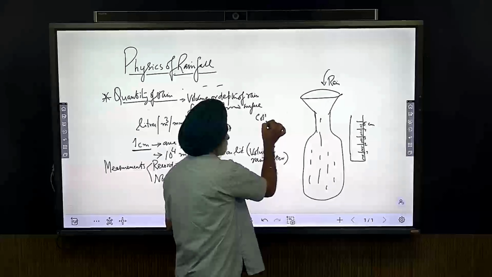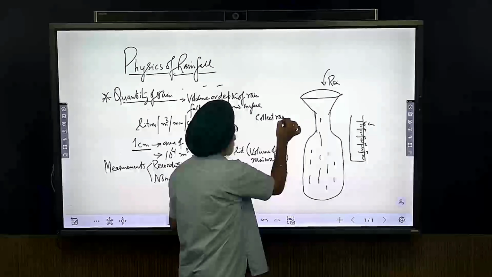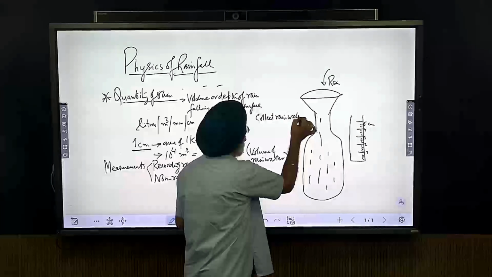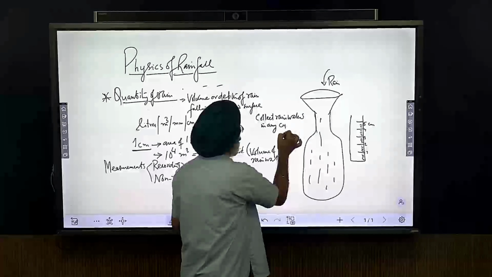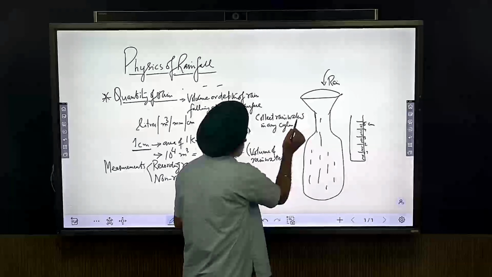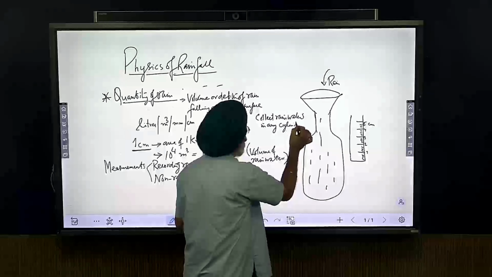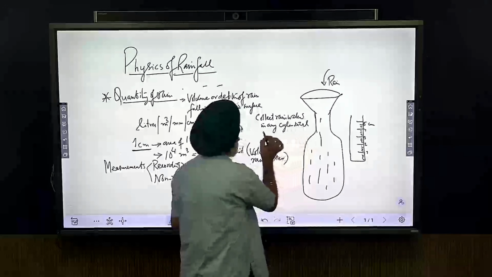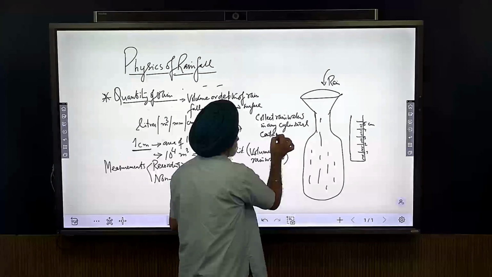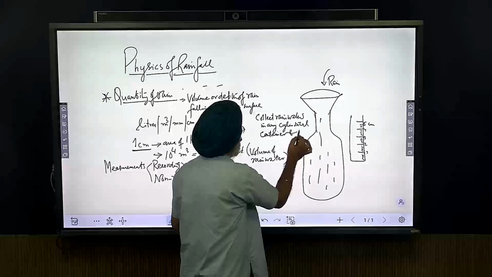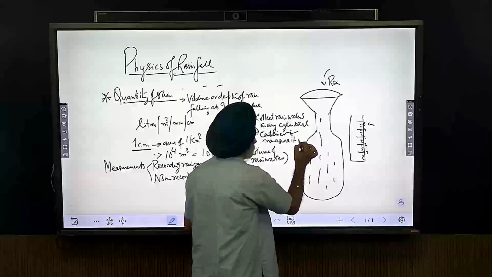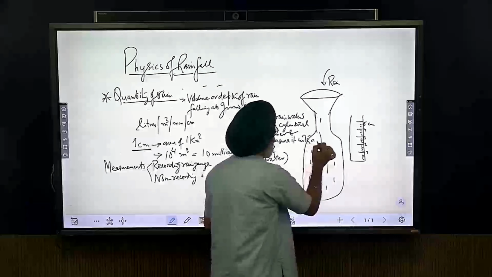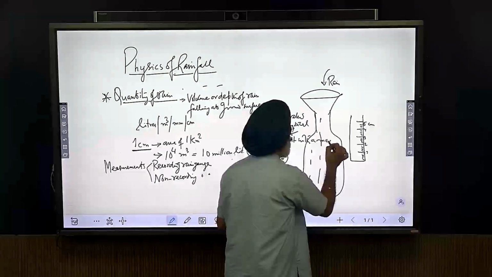Collect the rainwater in any cylindrical container or in any container. Why cylindrical? And measure it with a measuring cylinder, simply a measuring cylinder.